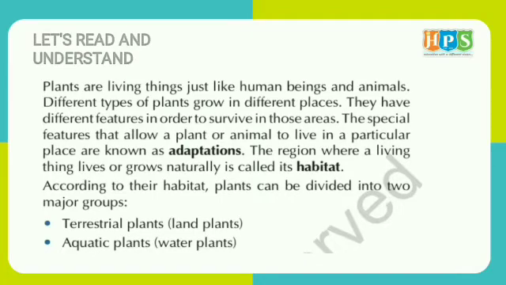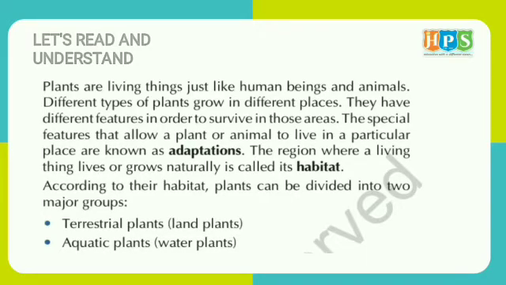So by reading this paragraph, we may figure out that like human beings and animals, plants also live, as they are also living things. There are various kinds of plants, they grow in different places and they are of different types. They have different features so that they can survive in those areas.